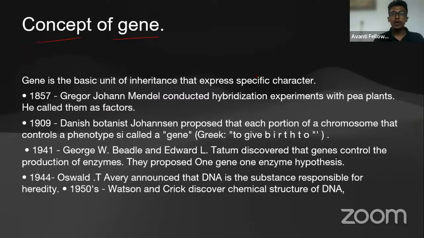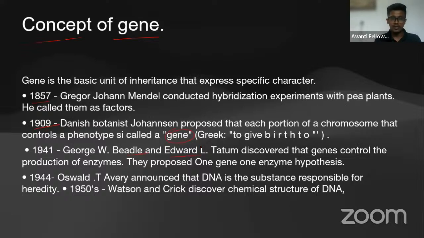Anyways, so let's see. What is the gene? Basically, in 1857, Mendel started experiments and he called them factors. And in 1909, we have the Danish botanist Johannsen, and he proposed that chromosomes control the phenotypes, and he gave the term genes. And then we have Beadle and Tatum.